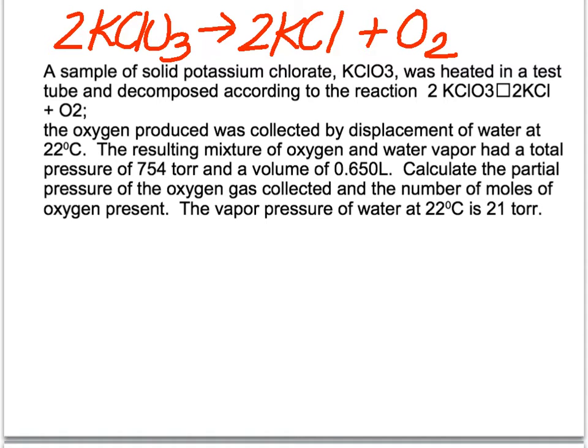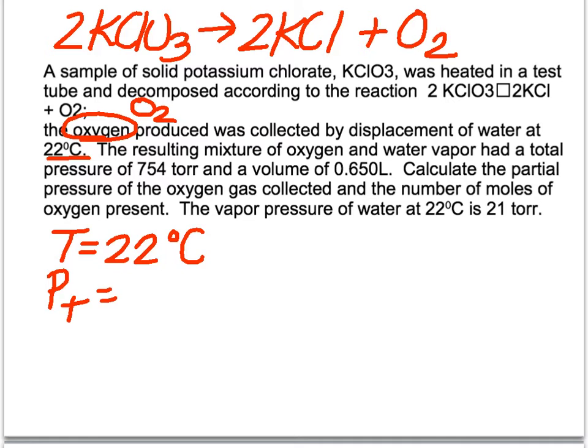The oxygen produced, so this is diatomic oxygen O2, was collected by displacement of water at 22 degrees Celsius. So we've got a temperature of 22 degrees Celsius. We have a pressure total. So the resulting mixture of both oxygen and water vapor had a pressure total of 754 torr.